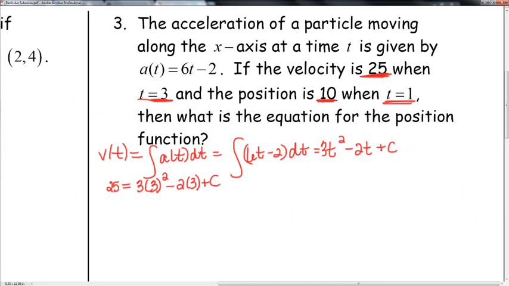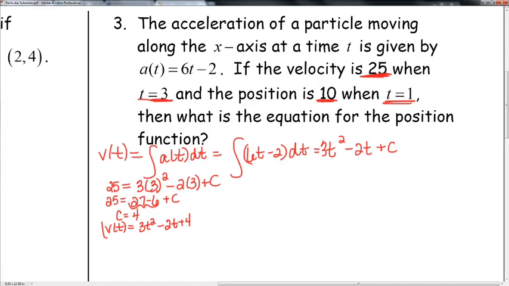And so now I can solve for c. And so I have 25 is equal to 27 minus 6 plus c. Well, this right here will give me 21. And so c has to be, let's see here, 4. And so my velocity, my v of t, is equal to 3t squared minus 2t plus 4.